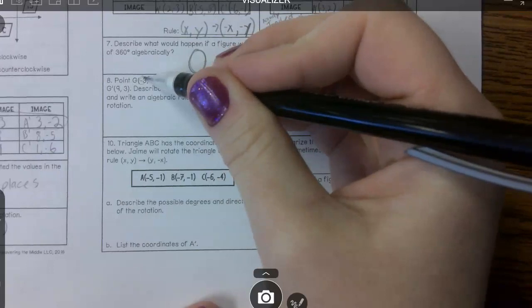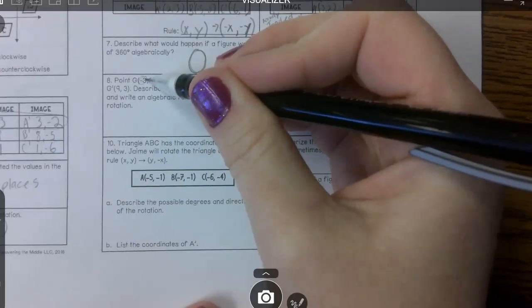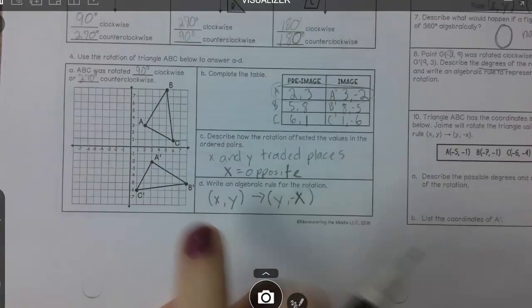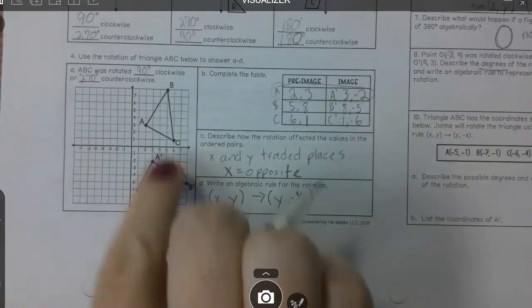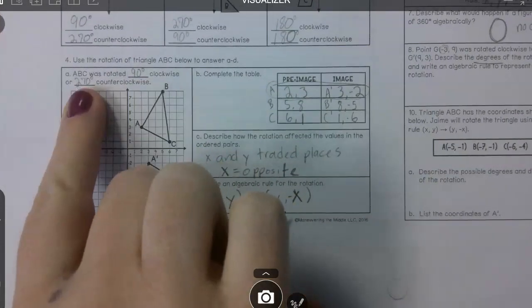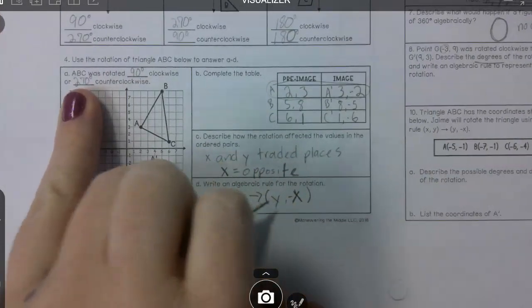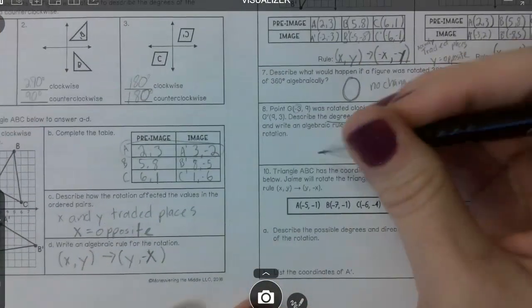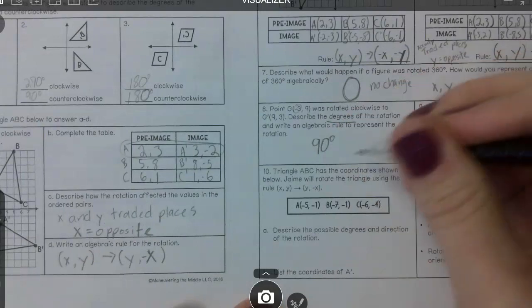So the x value has become the opposite. Which rule does that match? Oh, it matches this one, which is a 90-degree clockwise and a 270 degrees counterclockwise. They're asking us the degrees clockwise, so I'm going to say 90 degrees.